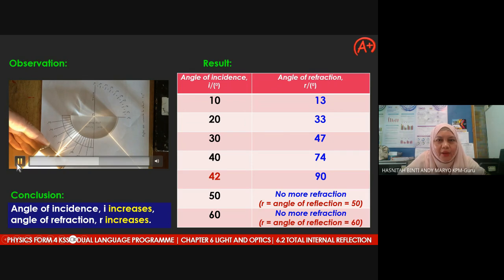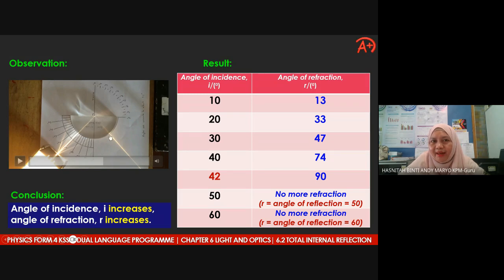And then when we increase some more to 42, you will see all the light will be reflected back into the semicircular glass block. So here, total internal reflection occurs and refraction has stopped. No more refraction, but the light is reflected internally, meaning reflected back into the glass block.